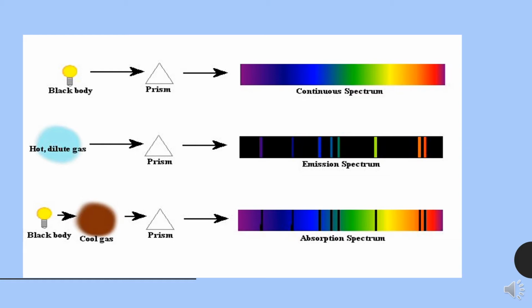Whereas if we see the emission spectrum, we get only those colored lines whose radiations are emitted by a particular substance or gas. And in the absorption spectrum, the same specific lines that we get in the emission spectrum, if you study the absorption spectrum of the substance, you will find as dark lines in that particular continuous spectrum.